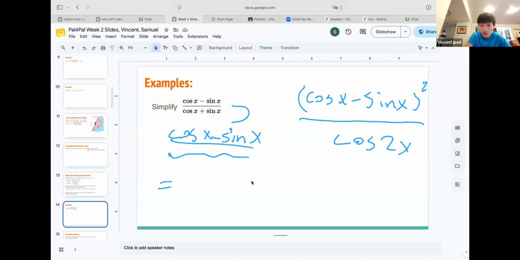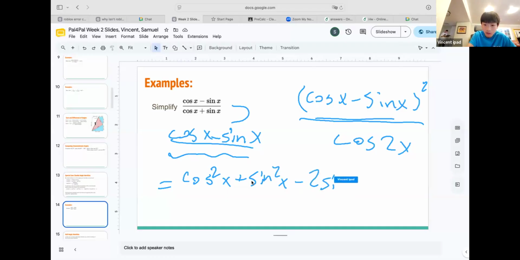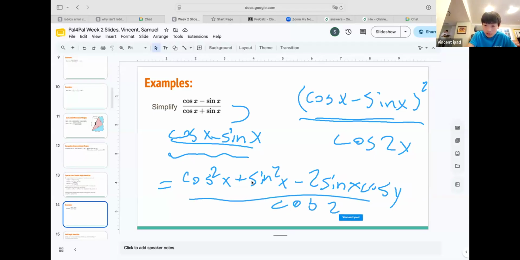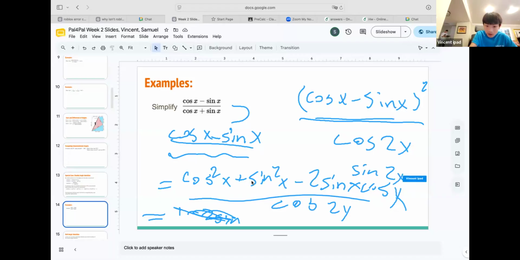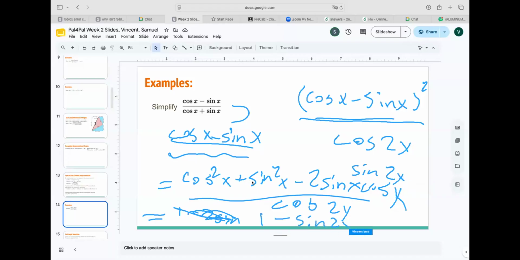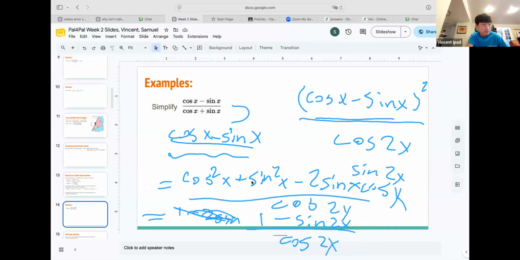well, this is cos squared plus sine squared minus 2 sine x cos x over cos 2x, which is 1 minus 2 sine x cos x, so 1 minus sine 2x, and then I think that's over cos 2x.